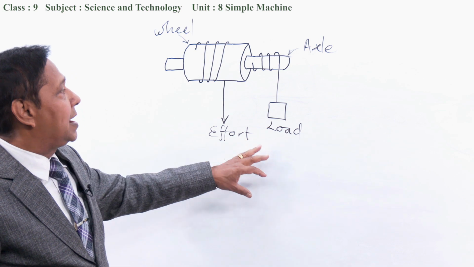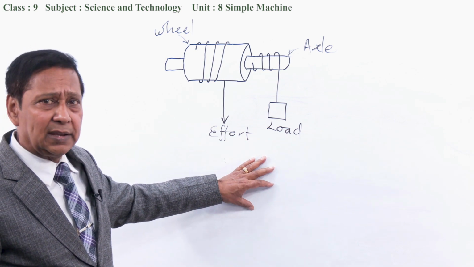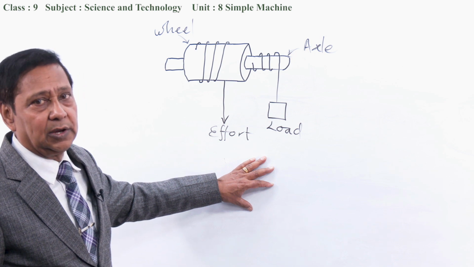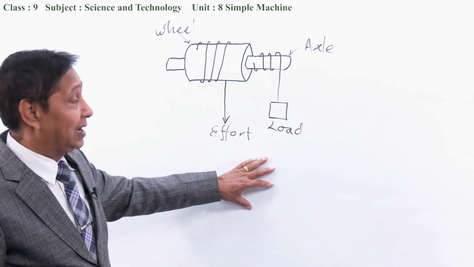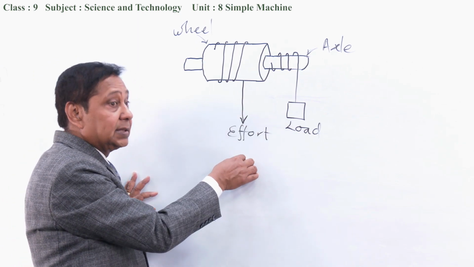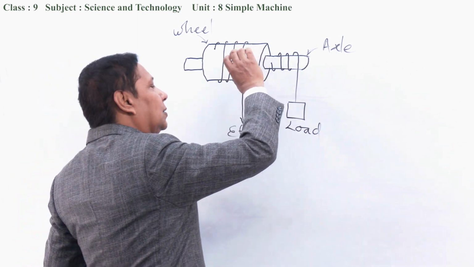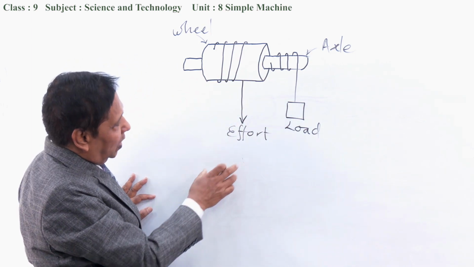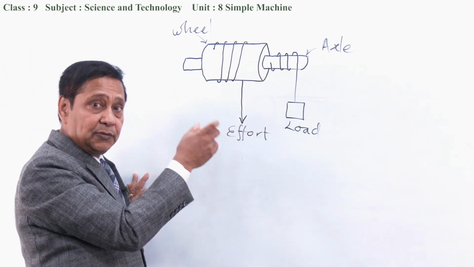Okay, now what about the effort distance and load distance in wheel and axle? Let's talk about the effort distance and load distance in wheel and axle. If we pull this rope in such a way that the wheel rotates once around its axis, then what will be the distance traveled by the effort?